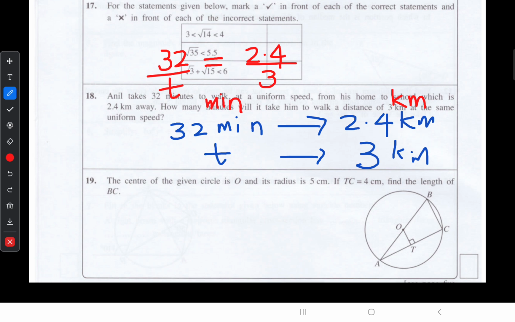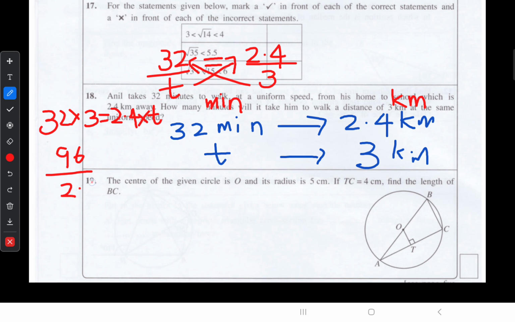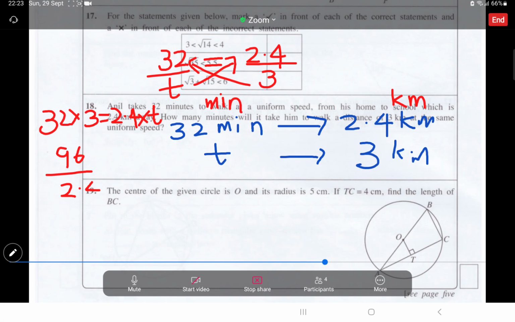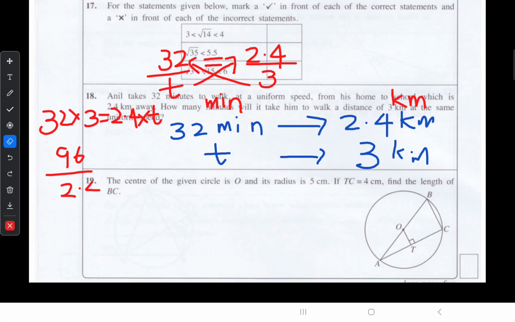For that, I will cross multiply the values. 32 multiplied by 3, similarly 2.4 multiplied with t. So 32 into 3 is 96. 96 should be divided by 2.4, that equals t.